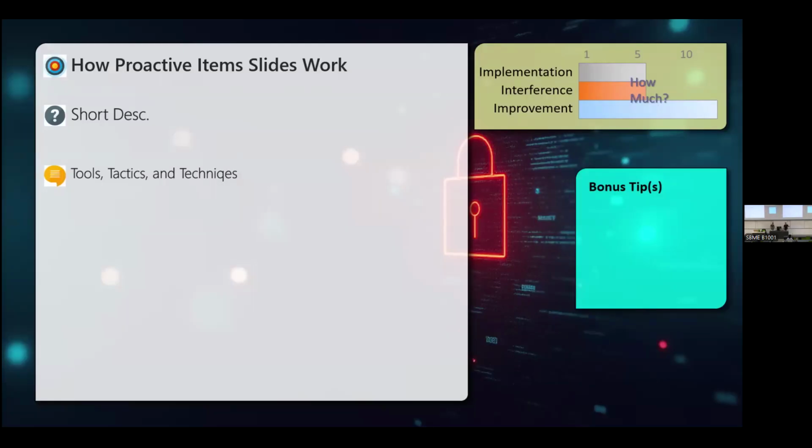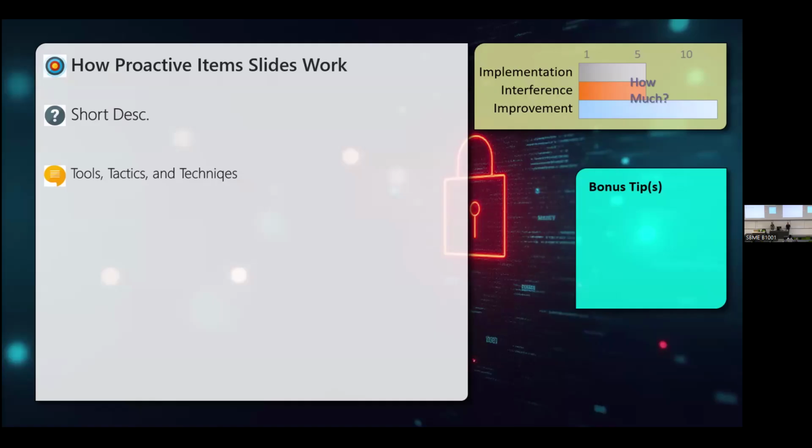Okay, there's two kinds of slides in this deck. One looks like this. This is a proactive slide. This means something you can do now to be more secure and prevent bad things from happening. They're pretty straightforward. The most important bit of this is just the top right corner. There's 3 items. One is implementation. That's how hard it'll be to do this, based on my guess. One is how much of a day-to-day interference it's going to be in your life.